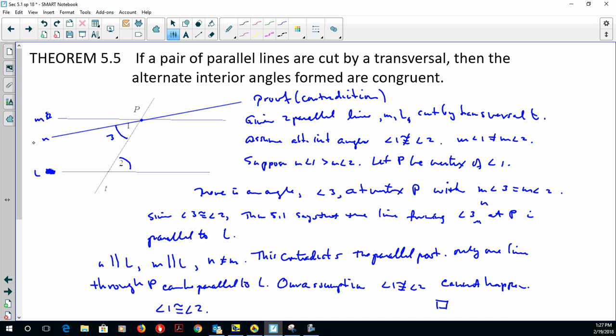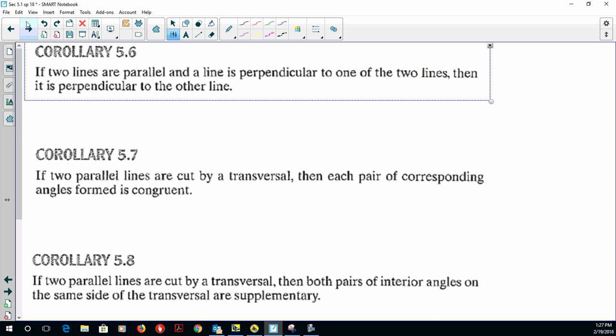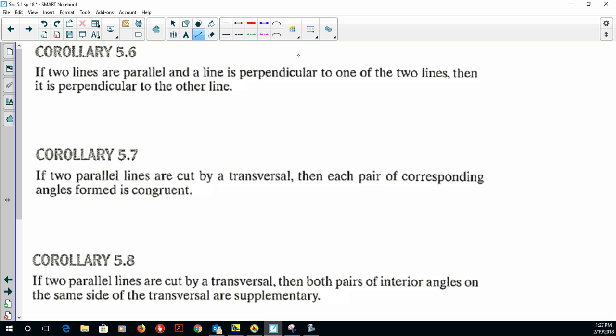We have a bunch of corollaries here that are rather simple, like the corollaries to 5-1. And I'll just talk a little bit through this. If you have two parallel lines, and a line is perpendicular to one of those two parallel lines, it must be perpendicular to the other.